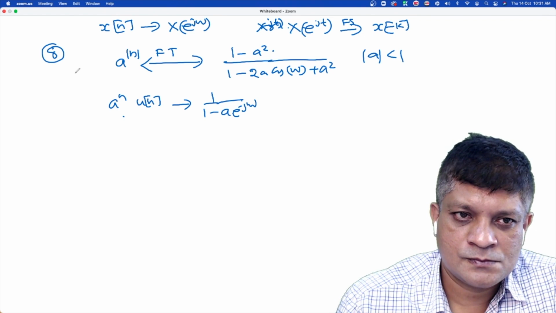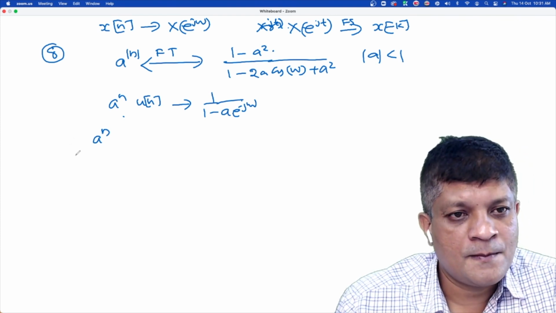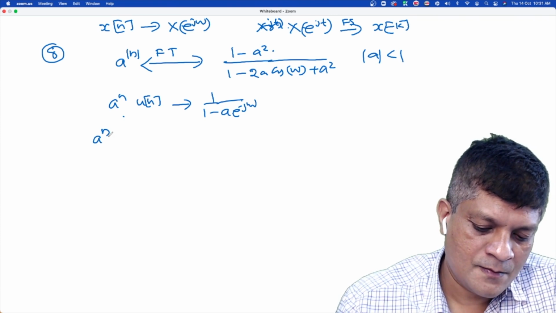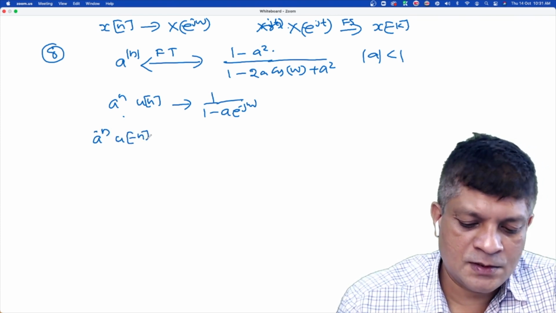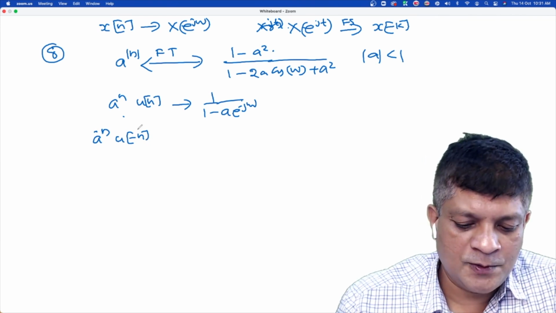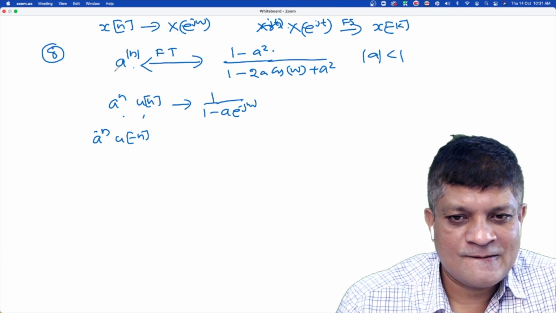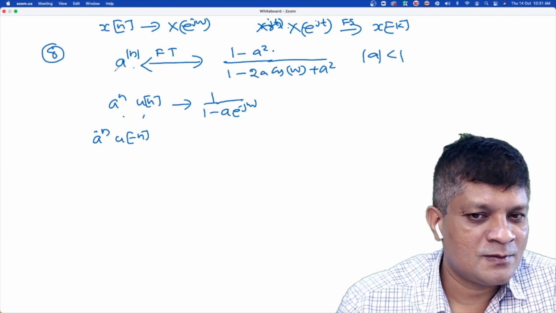a to the power minus n, u of minus n. Is it? So if you add these two, will you get this? No, there is some problem.